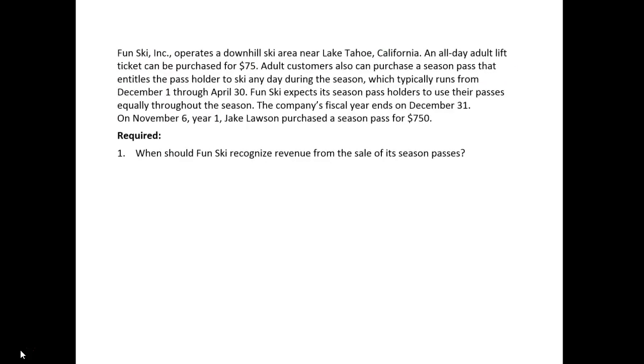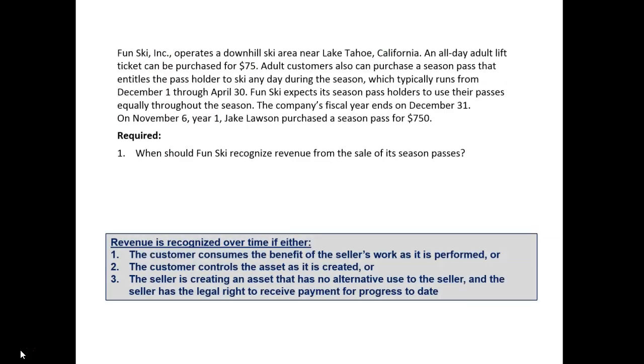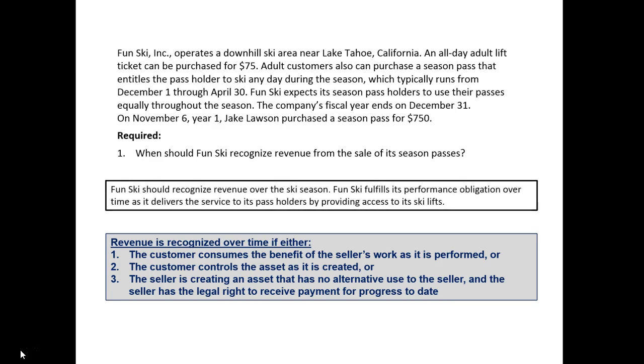So, when would we recognize the revenue? Well, revenue is recognized over time if either the customer consumes the benefit of the seller's work as it is performed, or the customer controls the asset as it is created, or the seller is creating an asset that has no alternative use to the seller, and the seller has a legal right to receive payment for progress to date.